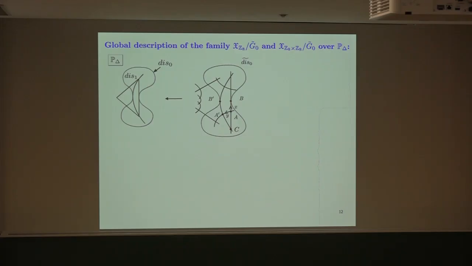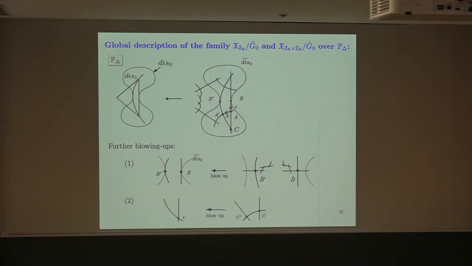What I want is for everything to be normal crossing. So the first thing is this tangential intersection, and after blowing up a suitable number of times, we go to the normal crossing situation. For the second part, we blow up once at this part, and then again at this part.